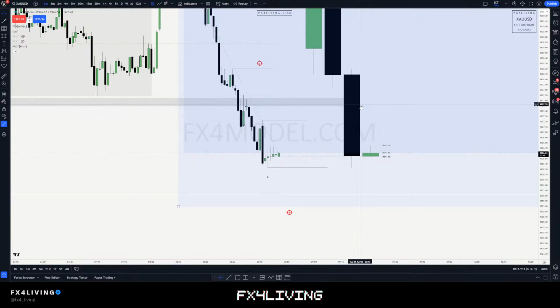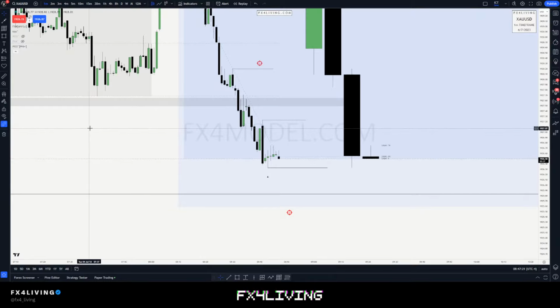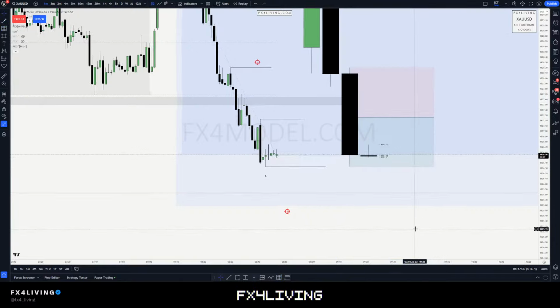And we have a massive imbalance on the last 15 minutes, right? So I think we can grab maybe above this high, or maybe they're just gonna go down, they don't even care. But if you want to sell, for example, I don't think it's a good idea right now, but you can identify the premium and discount from the last 15.